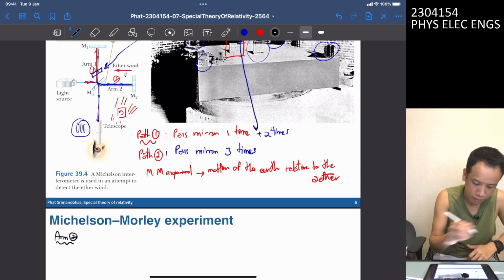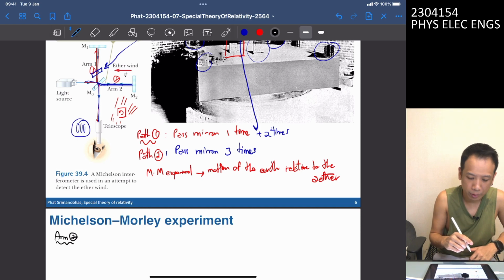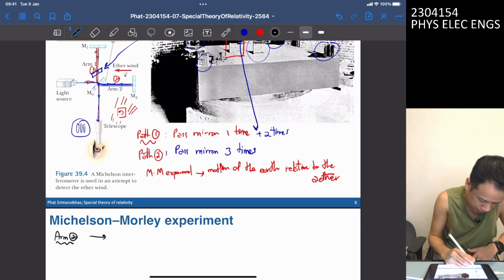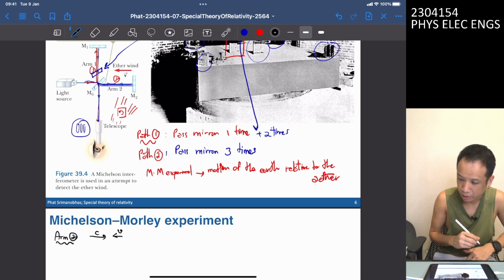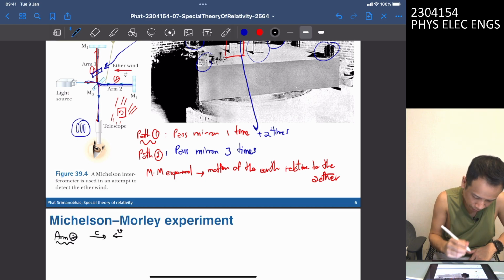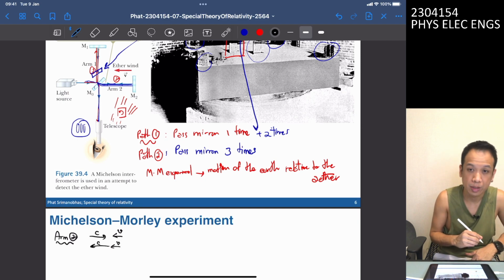So for the first trip, it goes opposite way with the wind. This is the light with the speed c, and this is just the ether wind speed v. And when it goes back, the speed v is the same, and this is the speed c.